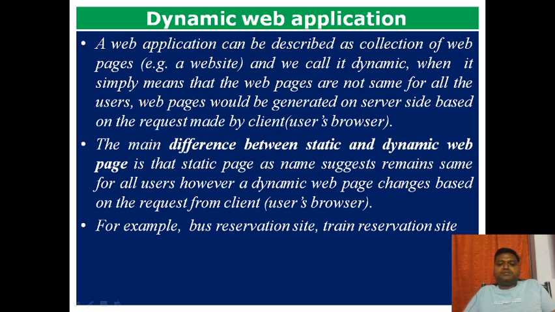For example, you open IRCTC, the train reservation site, and if you specify the source and the destination, and if you specify the date of travel, it will show you the table of trains operating between Khammam and Hyderabad, if you chose those two, with all the classes.